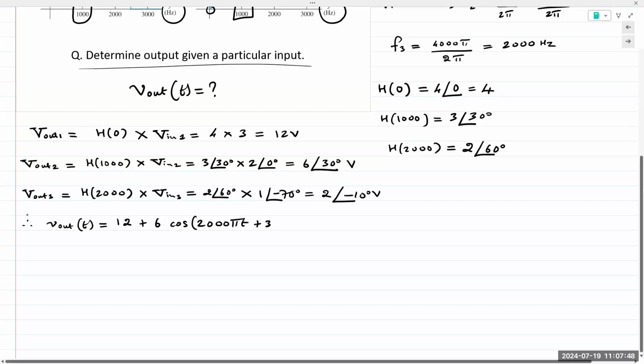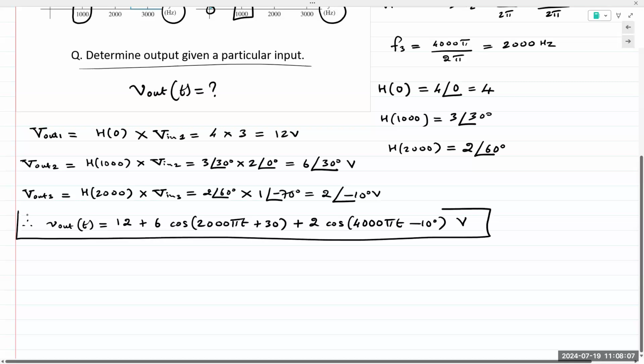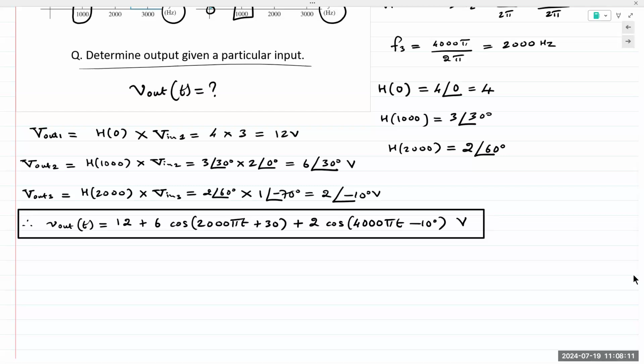So frequency remains the same. Only the amplitude and phase is affected. This is volts. And that's your final answer.